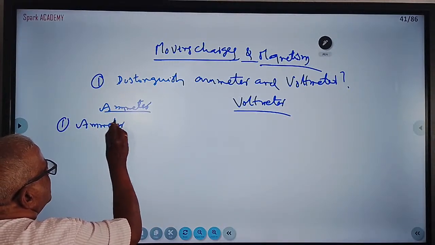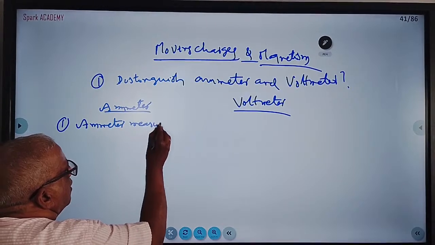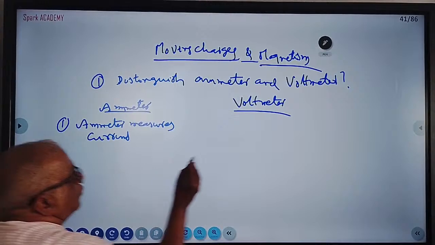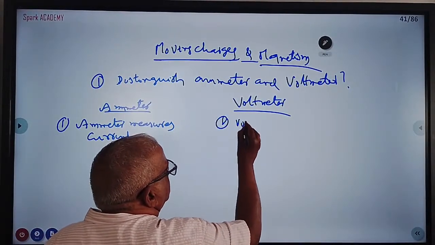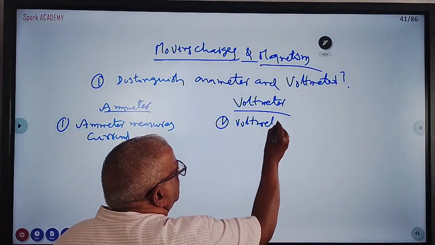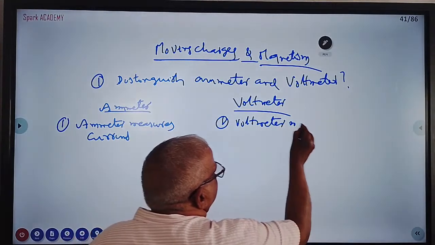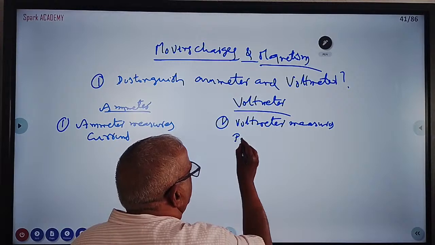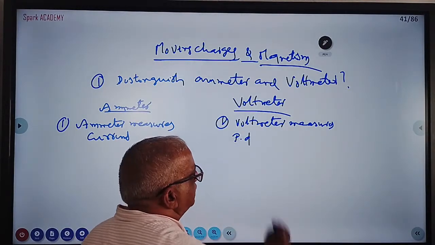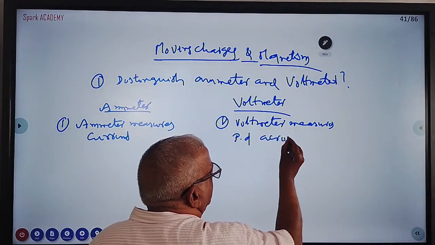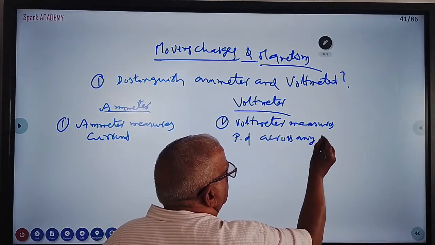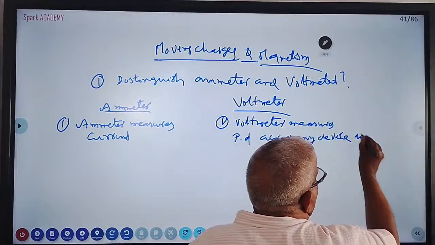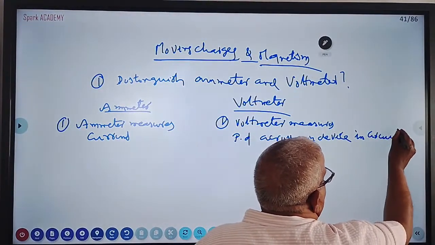Voltmeter measures potential difference. PD means potential difference across any device in a circuit.